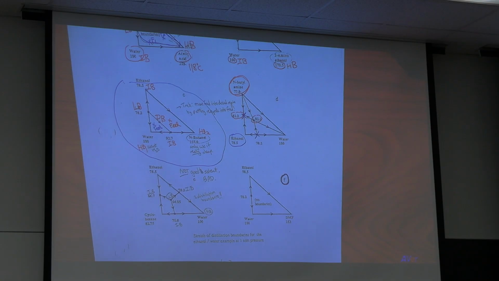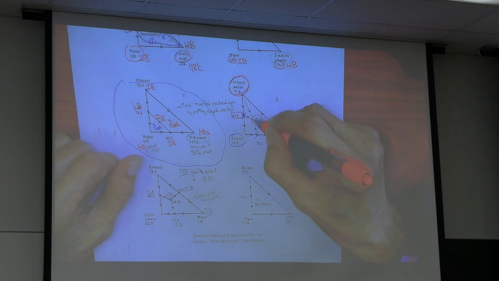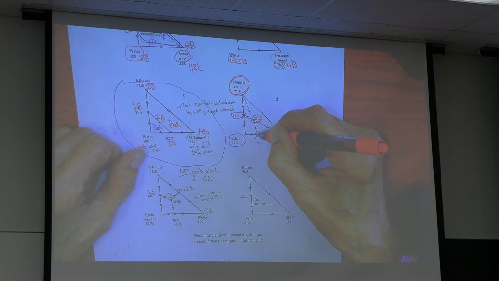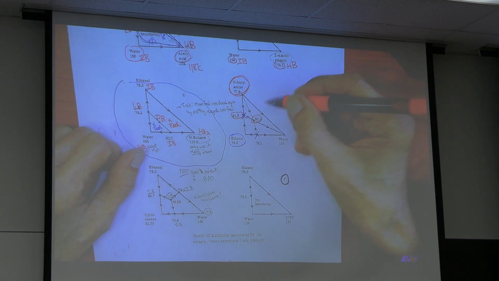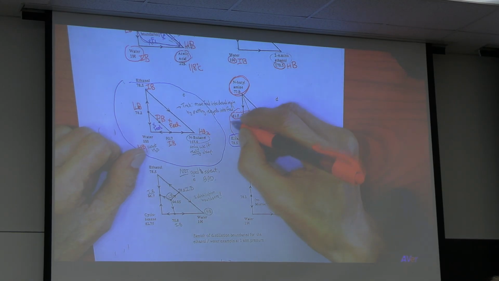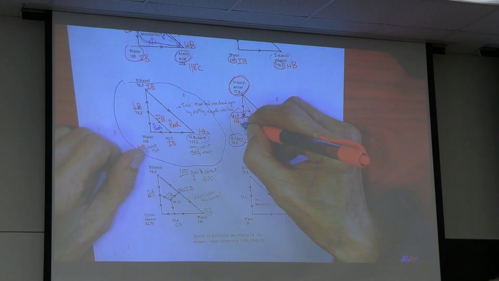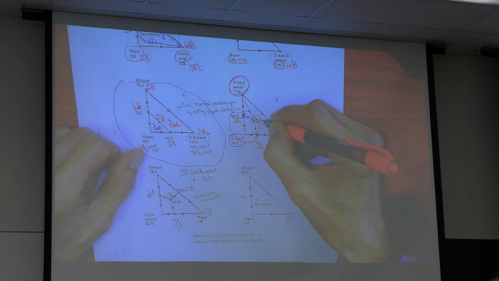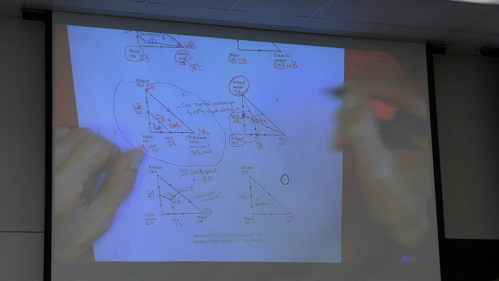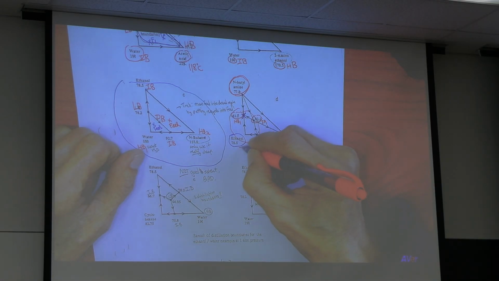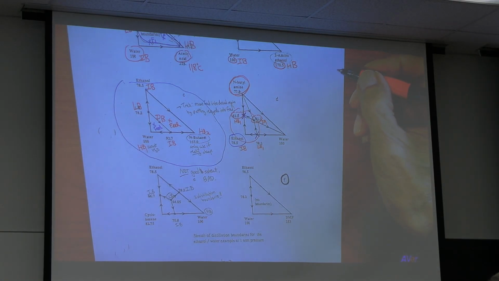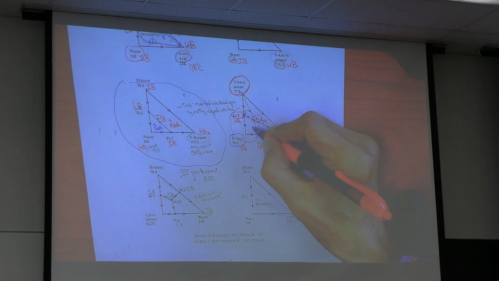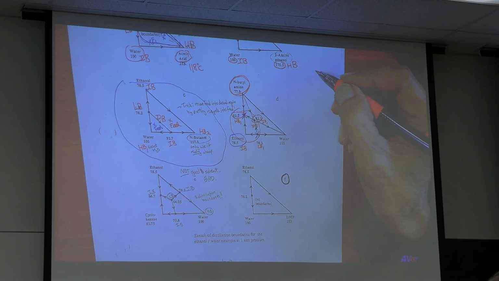So let's look at it. 81.1, 78.2, 82.2. So in this region, high boiling 1, low boiling, intermediate boiling. Low boiling to intermediate boiling, that is a DB, distillation boundary.